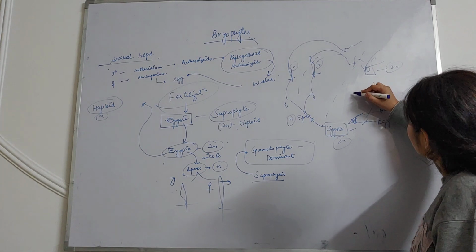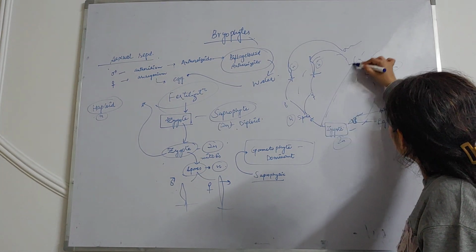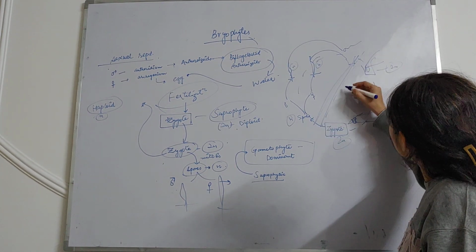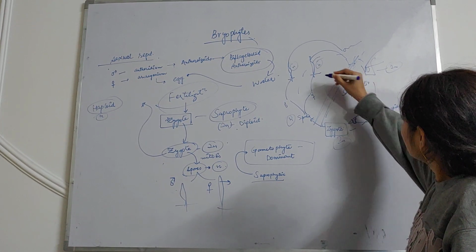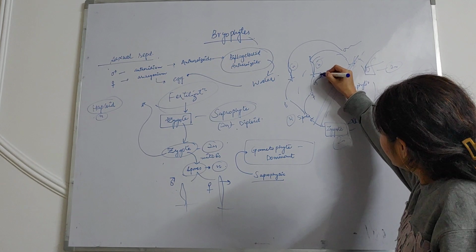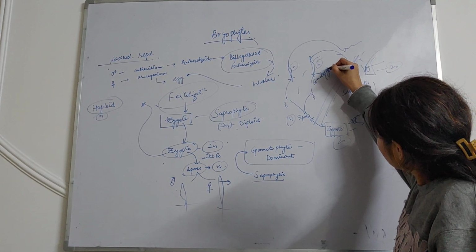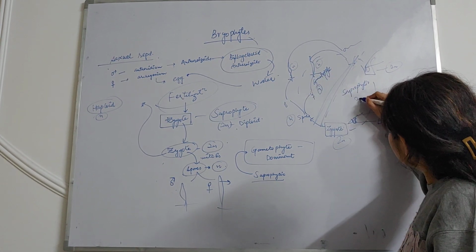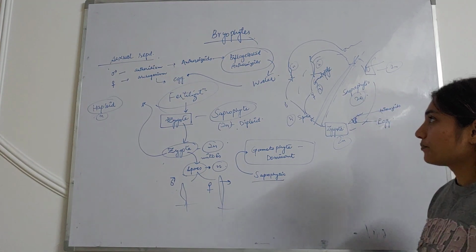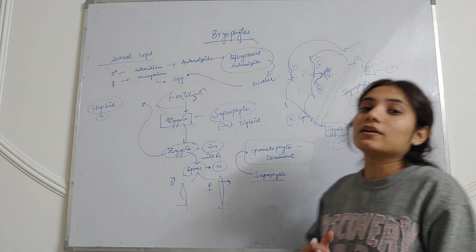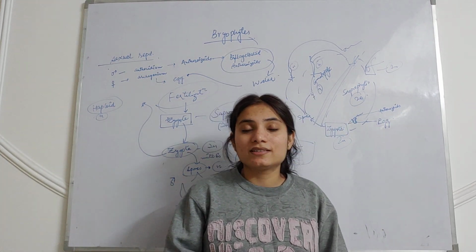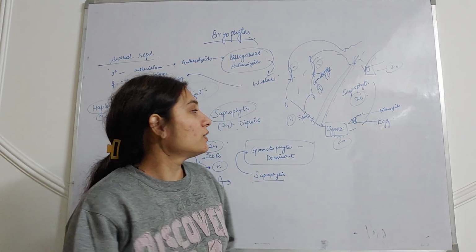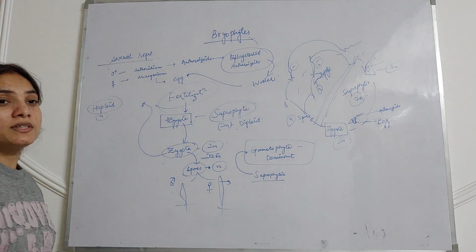This is the sporophytic and this is the gametophytic phase, and this is 2N. I hope the life cycle or brief discussion about bryophyte is clear to you. Now next we will move to the mosses and liverworts.